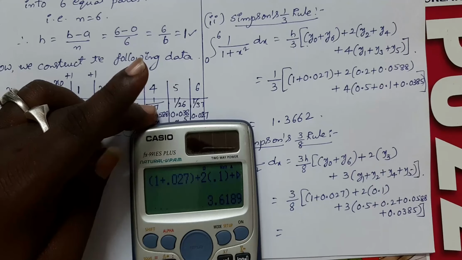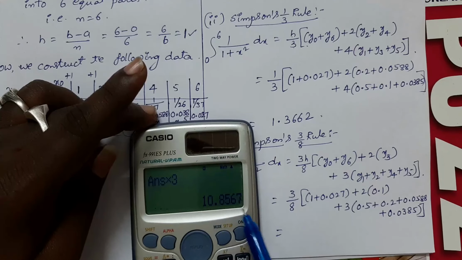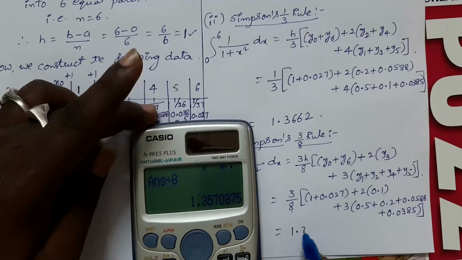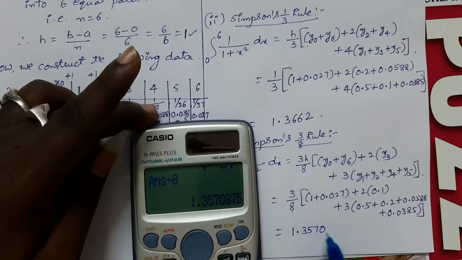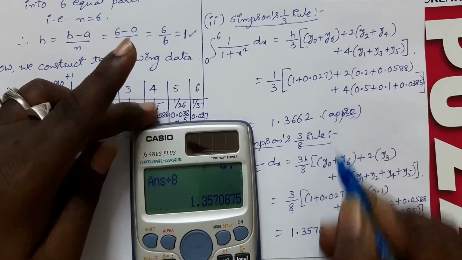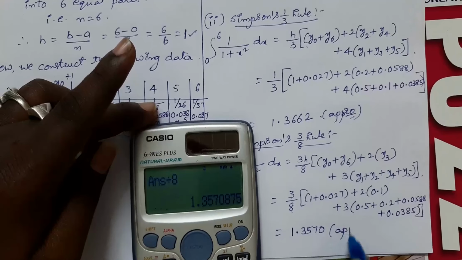So answer into 3 is equal to 10.8567. Now we have to divide this entire value by 8. So divided by 8, you will get 1.3570. Write it in the bracket as approximately whenever you get the answer in any formula.